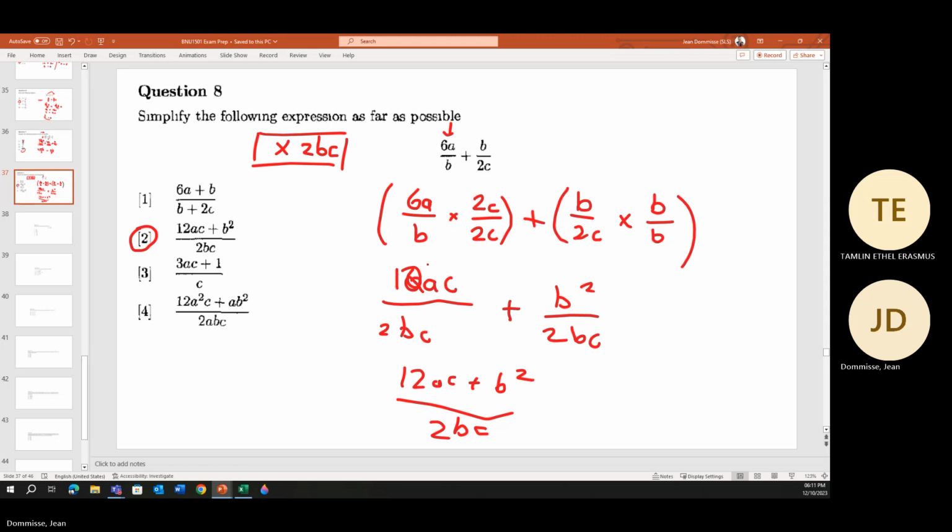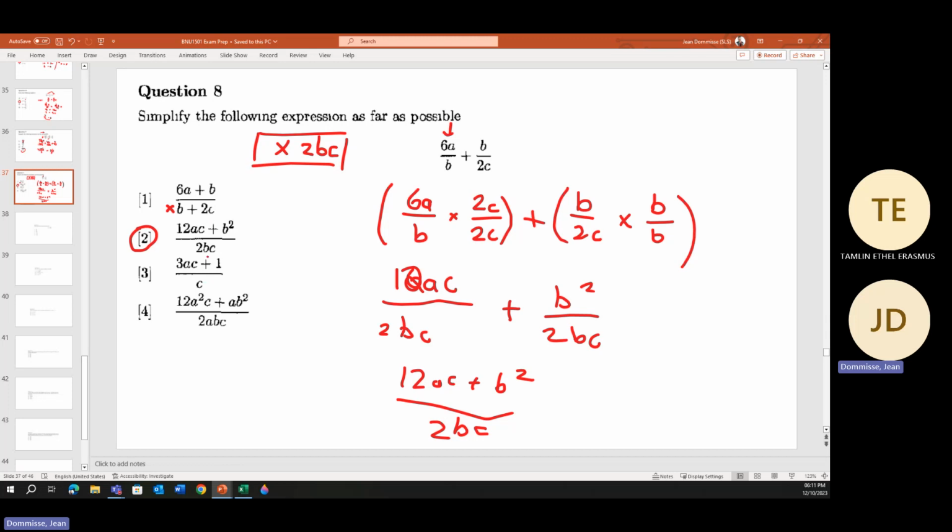So look at the options, nearly what you get, but then also look at certain things that you can't. So you can't say b plus 2c, so that one is not an option.